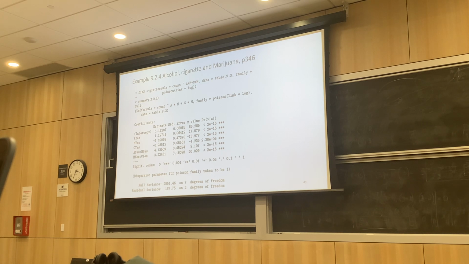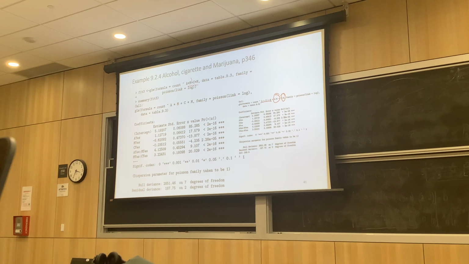And I tried this one, and if you try it, you get exactly the same thing as the previous one. In the previous one, I typed in these, but you don't have to do that. When you type AM and CM, R is going to add the low order terms automatically anyway. So I asked for this, and you see that they are the same.